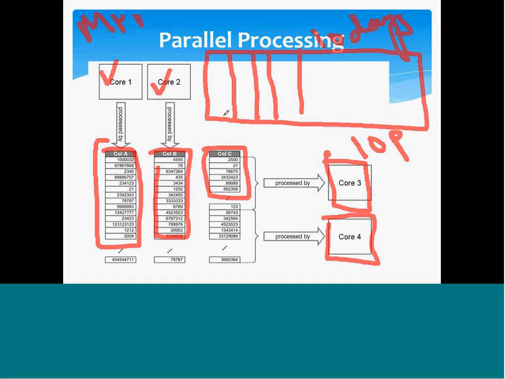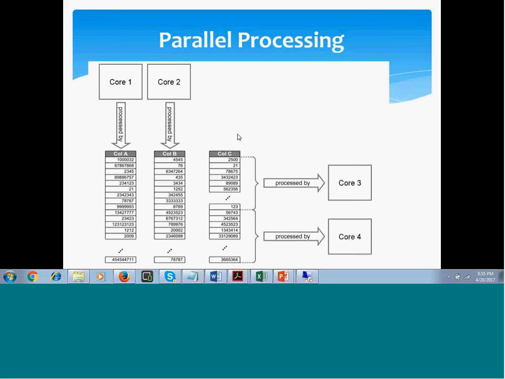So we can perform massive parallel processing per column. That is called MPP architecture, massive parallel processing per column. So these are some of the things that we have in SAP HANA.